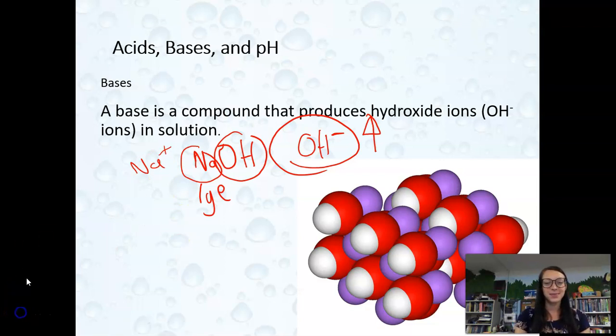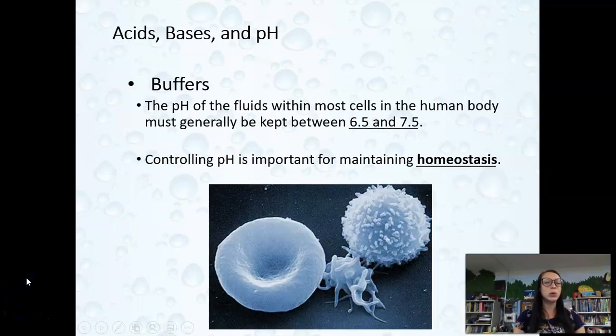Now, acids and bases are really cool, but certain things like your body prefer to be in the neutral range. Remember, it goes back to that idea of homeostasis, right? A constant internal temperature. Well, your body is primarily made up of water, making you primarily neutral, and your blood too is neutral.